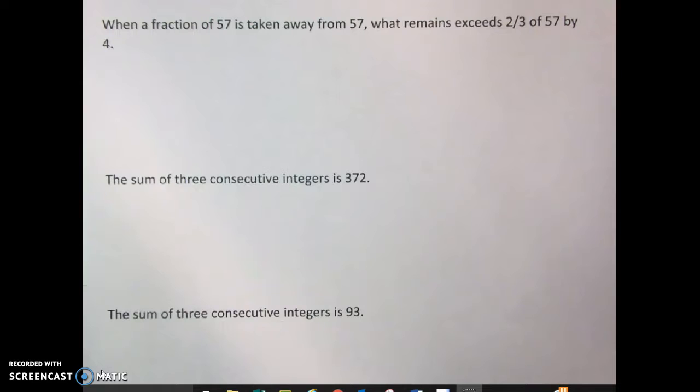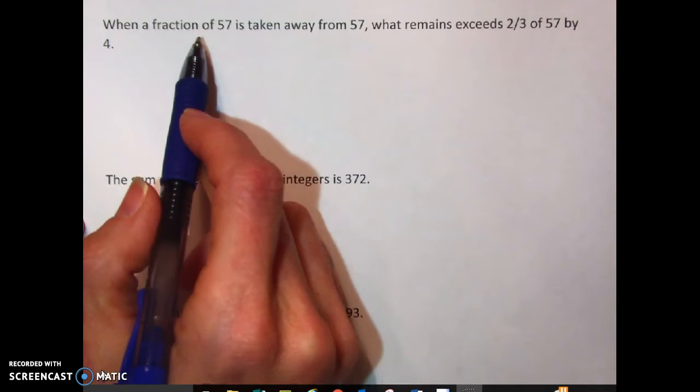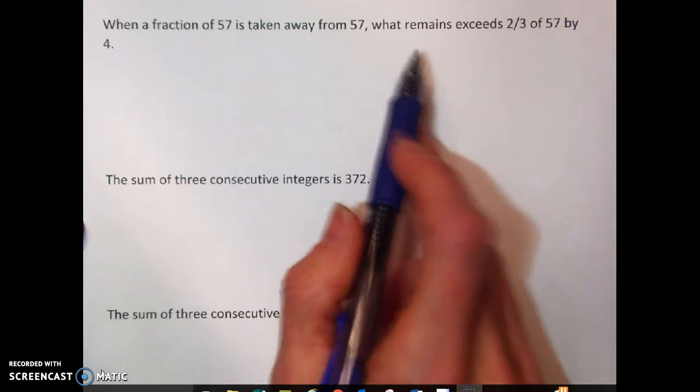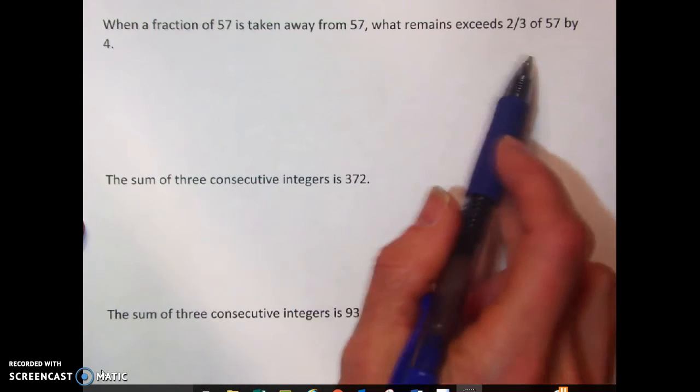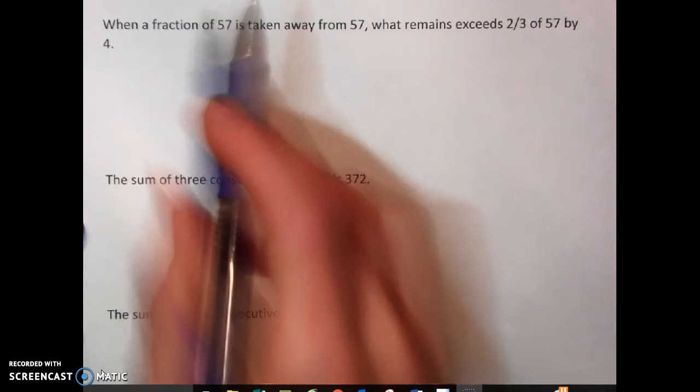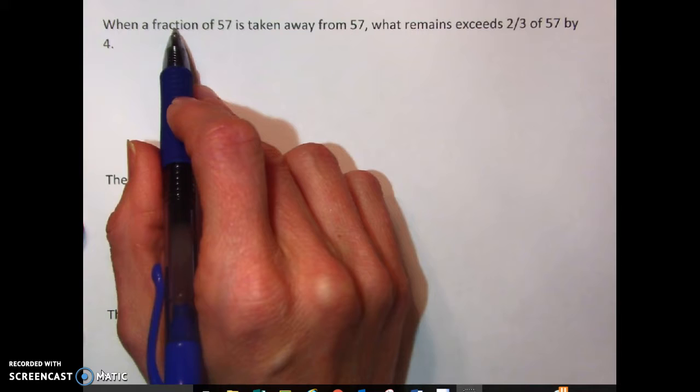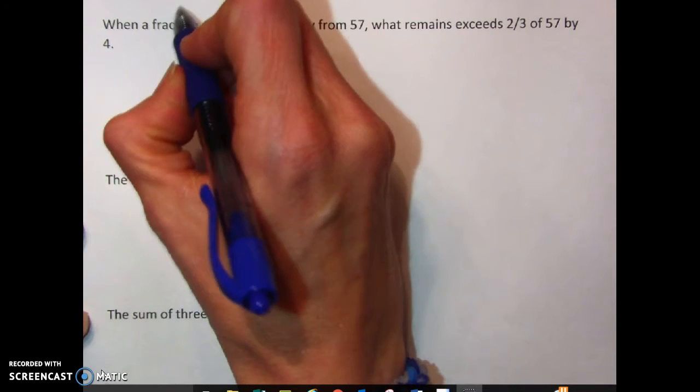Okay, some more to practice. Now, I know these are not the easiest thing in the world, so you've got to practice, you've got to try. The next one, when a fraction of 57 is taken away from 57, what remains exceeds 2/3 of 57 by 4. So we'll take this step at a time. A fraction of 57. So the fraction is what we don't know.